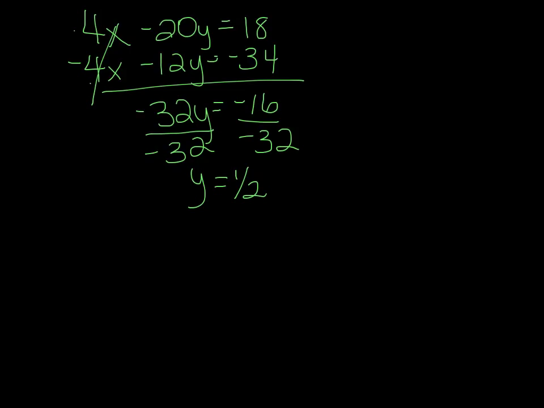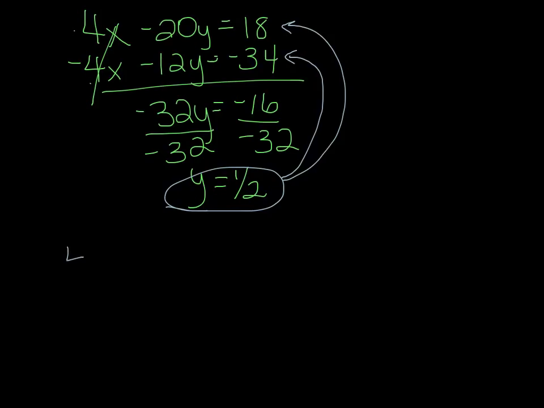So now we take our 1/2 and we plug it in either to the top equation or to the bottom equation. Doesn't matter which one. I'm just going to pick the top equation. So I'm going to have 4x minus 20, and then instead of writing y, I'm going to put 1/2, equals 18. Now I'm just going to simplify.